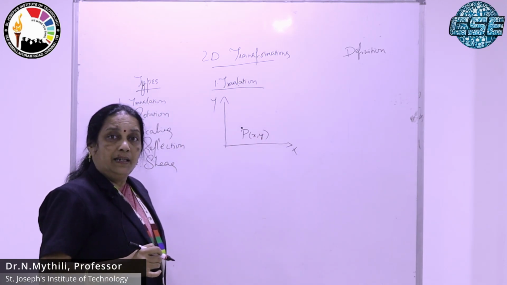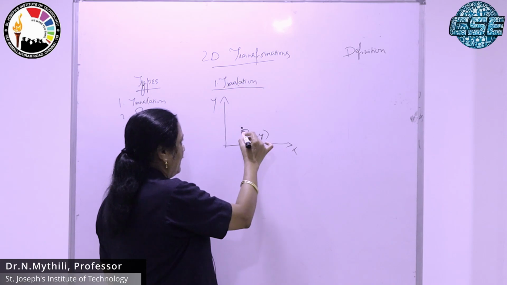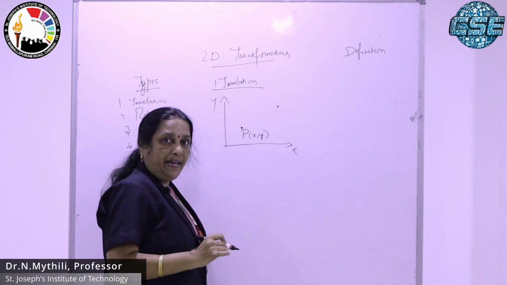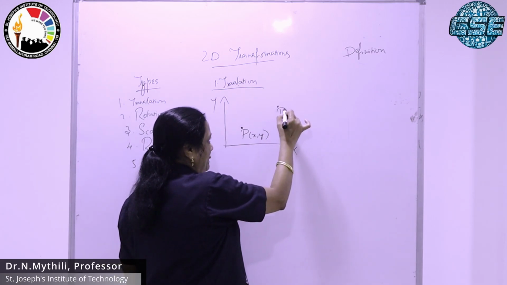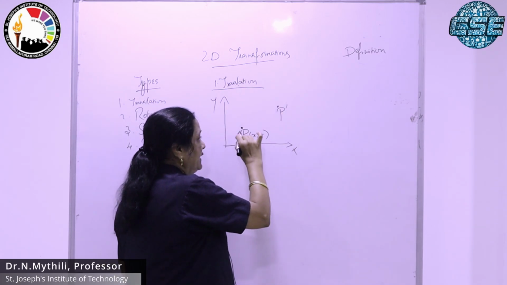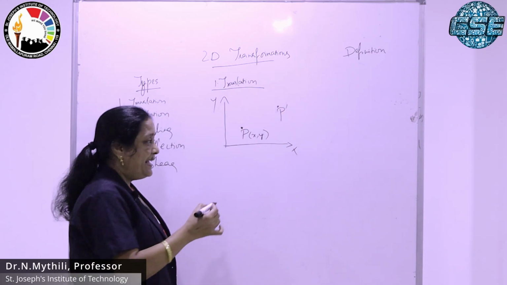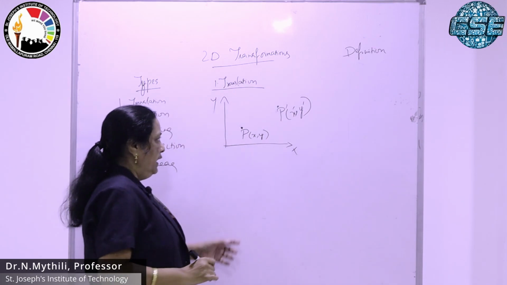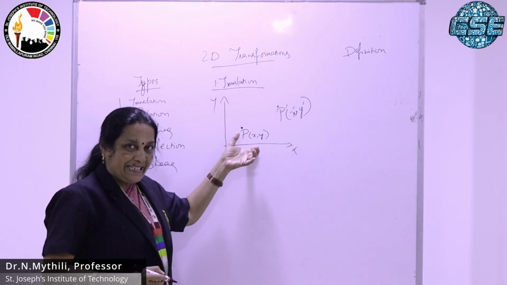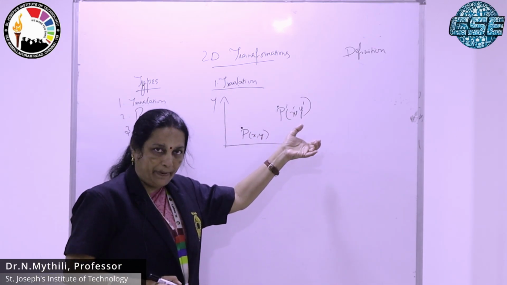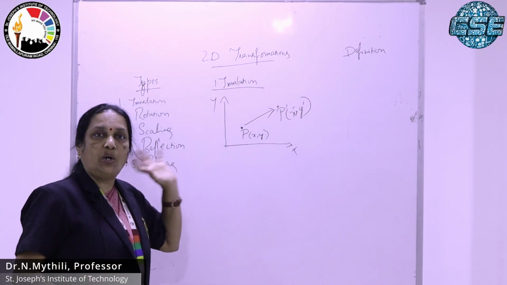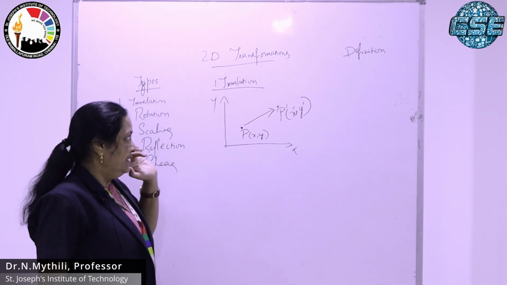Now the transformed position or the translated position of this same point P is named as P dash, and the new spatial location is x dash comma y dash. Now this point P is translated to some other point P dash along a straight line path. So that is called translation.